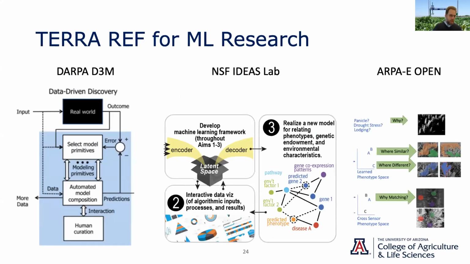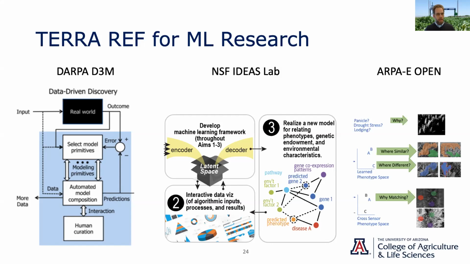Some people were interested in the applications in machine learning research, so I just want to quickly give an idea of 3 programs that have been using our data sets. One of the earliest was DARPA's Data-Driven Discovery Program, where they had a number of different teams make it easier for scientists to use the data to make predictions about plant growth and sorghum yield.